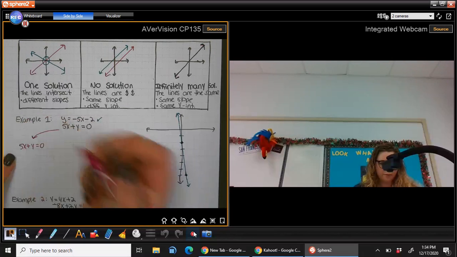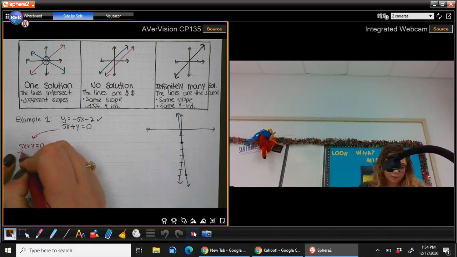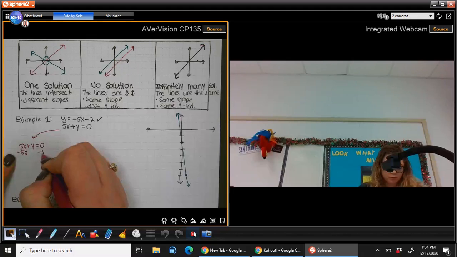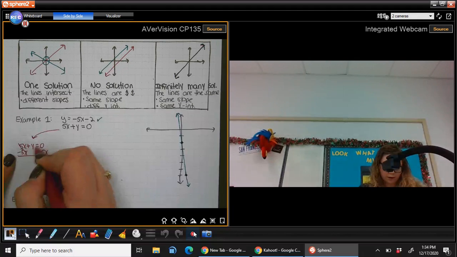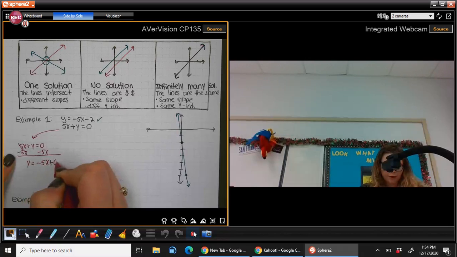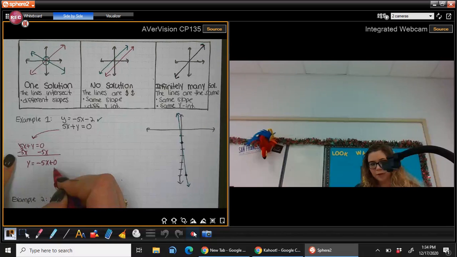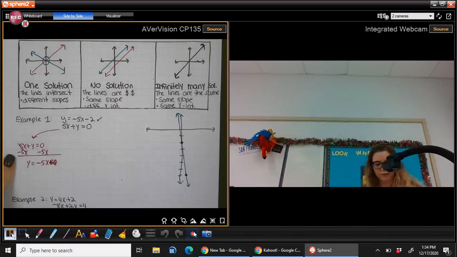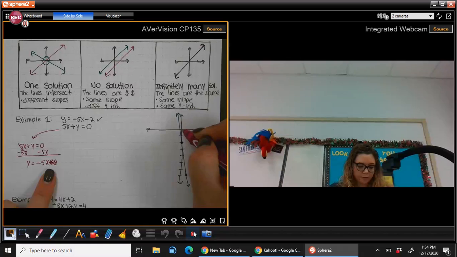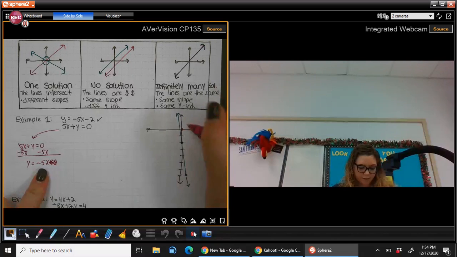So the inverse of positive is going to be negative. I'm left with y equals negative 5x plus 0. Since this is plus 0, I don't have to write that, so it's just y equals negative 5x. Now I can graph it. My y-intercept is 0, and my slope is negative 5.